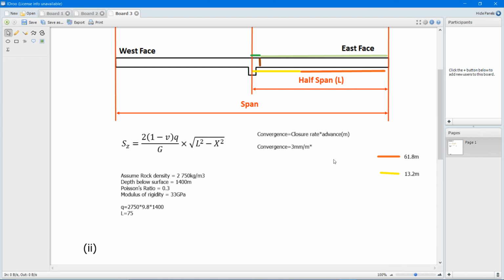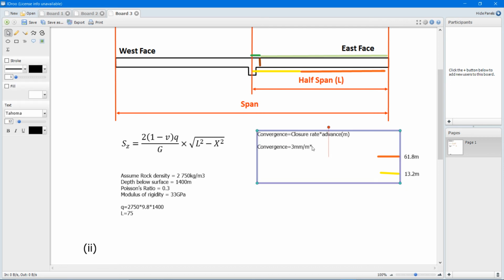So now we've figured out what's going on, we can work with the initial close rate and advance quite easily, right? Now we've got convergence of 3 millimeters per meter. We've moved 61.8 meters since the last time.